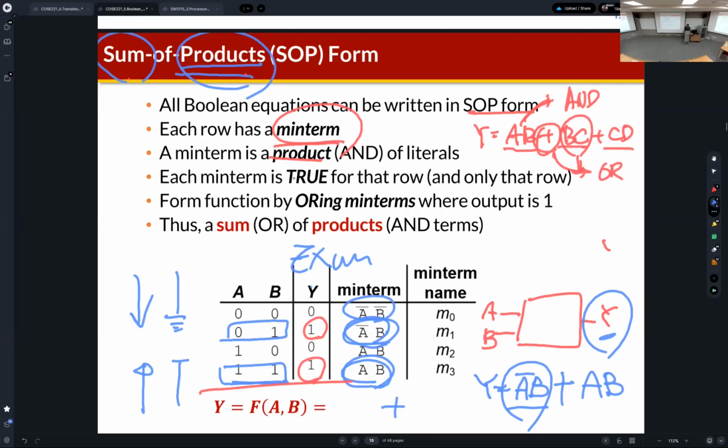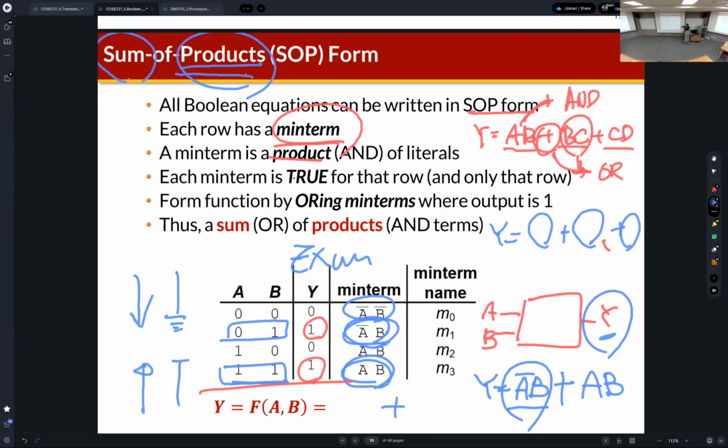Okay, so you can understand like this. So y is the sum of products. Then how can we make y 1? I think I mentioned that these are ORs.